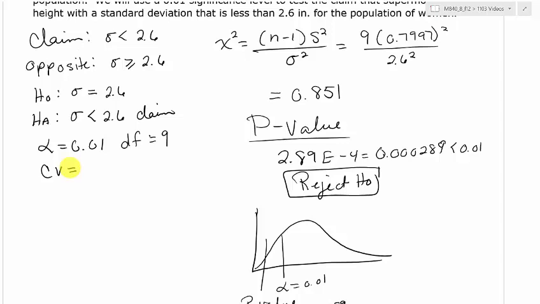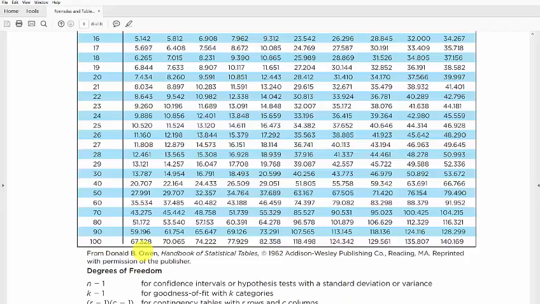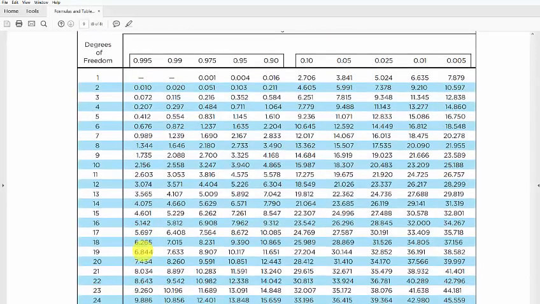And our significance level is 0.01. That means you need to subtract that from 1, because this is the area to the left. We want the area to the right when we look it up in our table. So we are going to use the column for 0.99, and we had 9 degrees of freedom, so our critical value is 2.088.